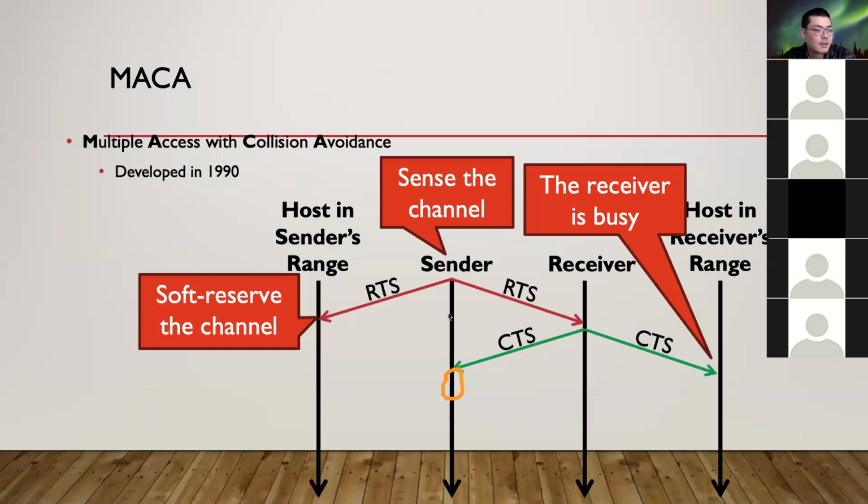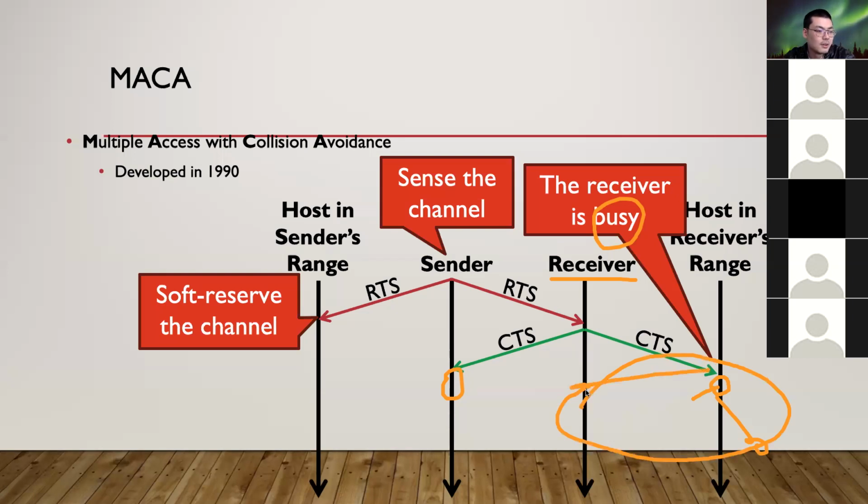If the sender receives the packet, it will just continue to send data. But in the meanwhile, if another host in the receiver's range receives the packet, it will not send anything. It knows the receiver is busy. Why is this the case? Because if it sends to anyone, it doesn't have to be to your receiver, it can send to another host, but the signal will reach the receiver, since this is within the receiver's range.